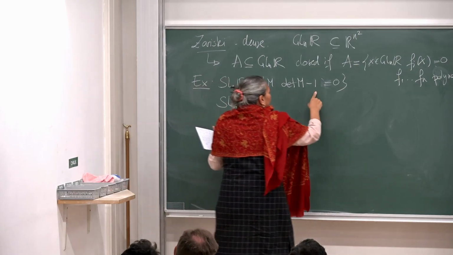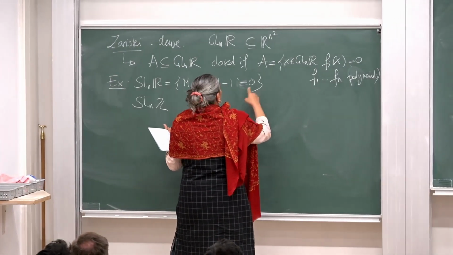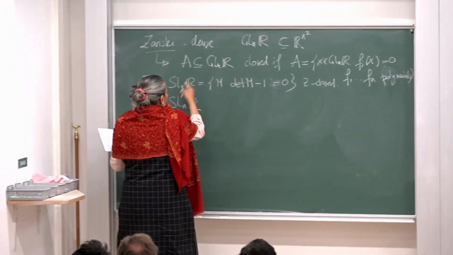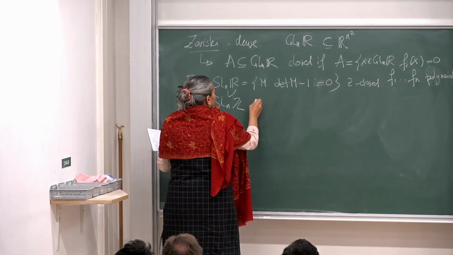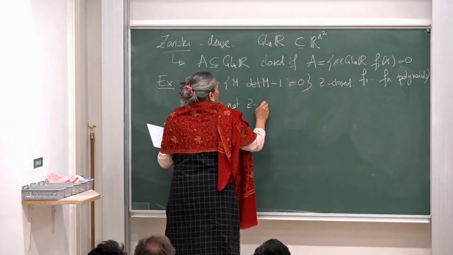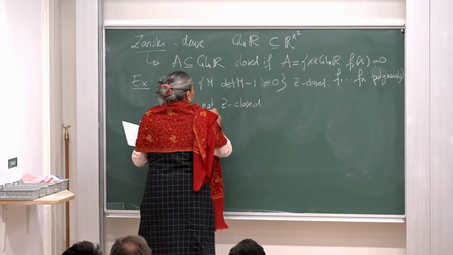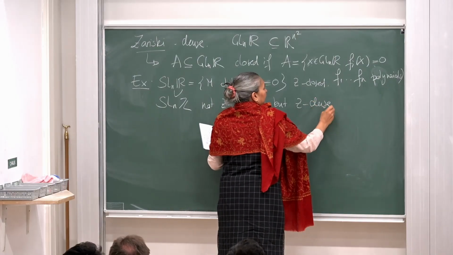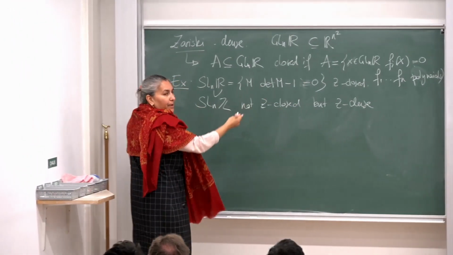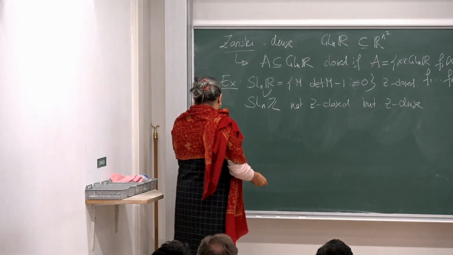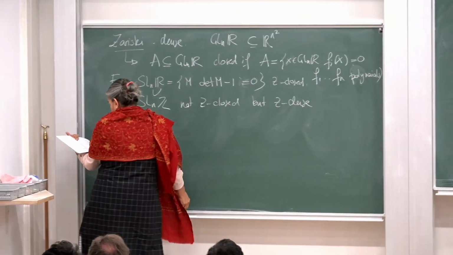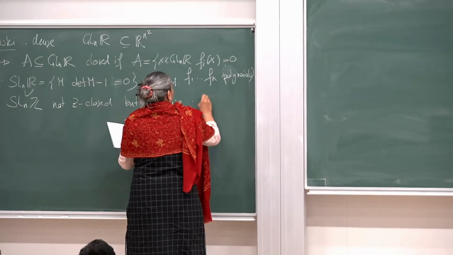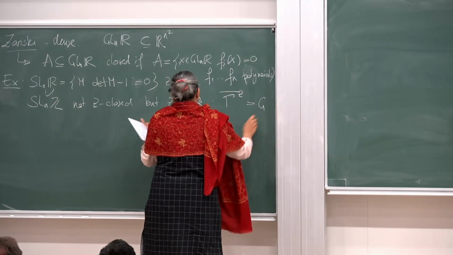So this is going to be Zariski closed, and SL_n(Z) in here is not Zariski closed, but Zariski dense, because when you take all the polynomials, you end up with SL_n(R). Zariski dense means that the Zariski closure is the whole thing.